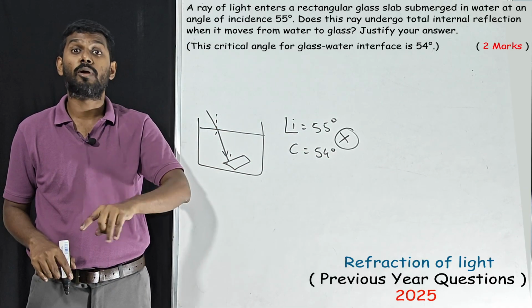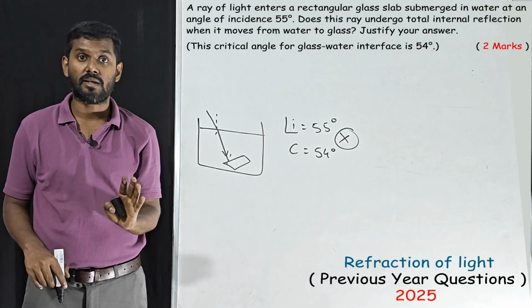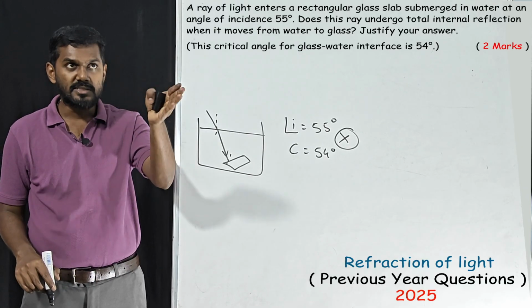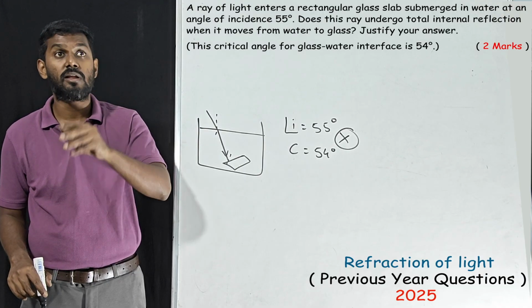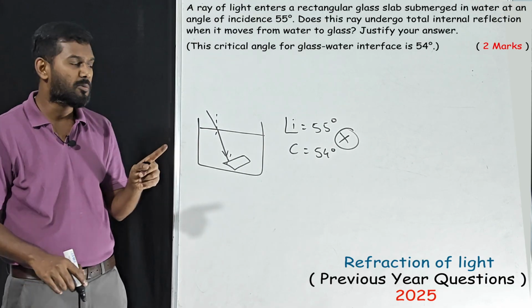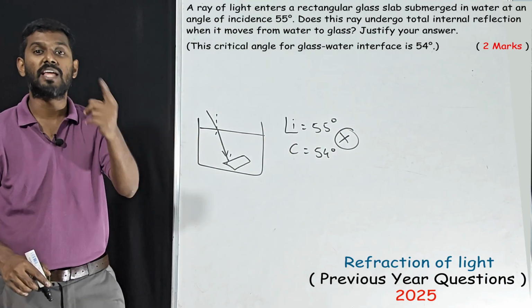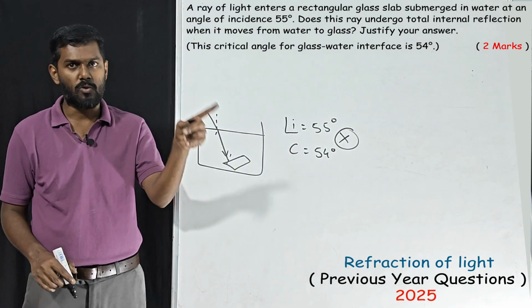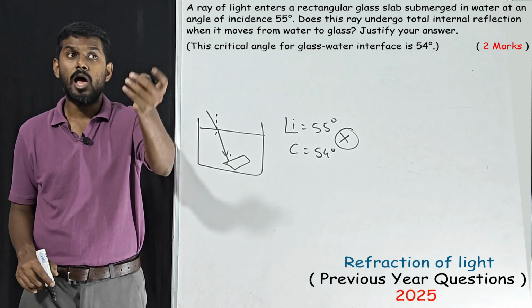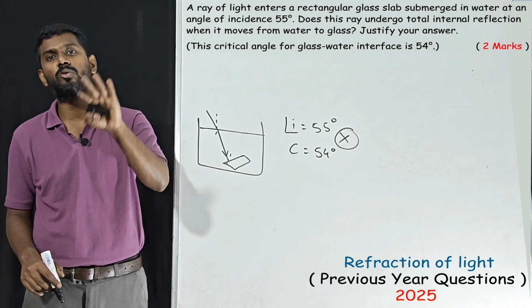The ray has to move from denser to rarer. See the question, does this ray undergo total internal reflection when it moves from water to glass? Water to glass. When compared to water and glass, which is denser? Glass compared to water, correct?